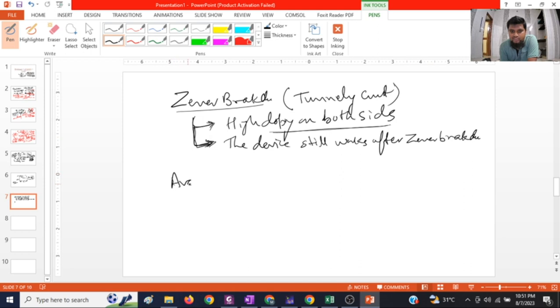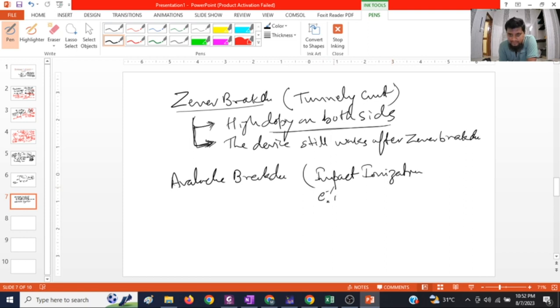However, in case of avalanche breakdown, which is because of impact ionization, sometimes it is also called electron or hole interaction with lattice atoms. It is not a simple interaction, but they knock out an electron from the lattice atoms.